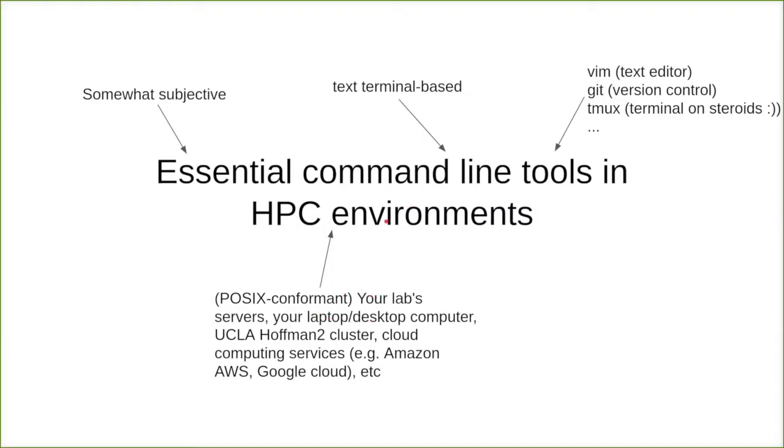In a very broad sense, this includes your computer, your lab's computer, or the UCLA Hoffman2 cluster, and also maybe some cloud services you have access to, such as Amazon AWS or Google Cloud. All of these are what I call POSIX conformant, and we will see what this means. This kind of environment is what I loosely call the HPC environment. These are the general things I will be discussing in the next maybe 1 or 2 hours.